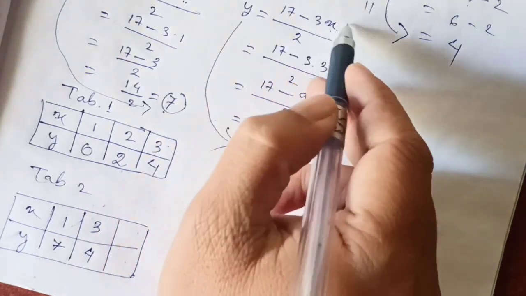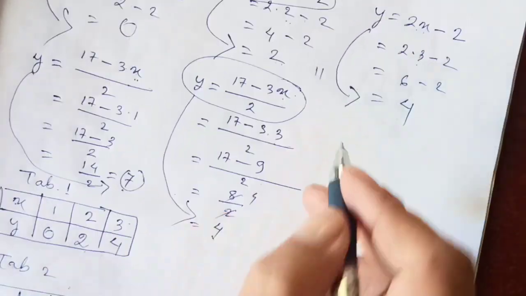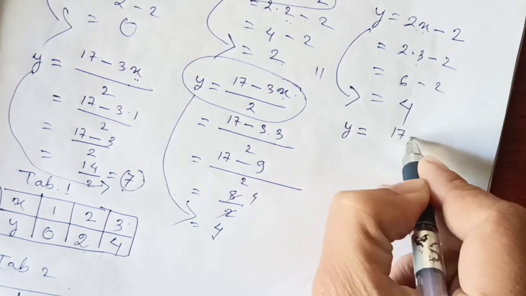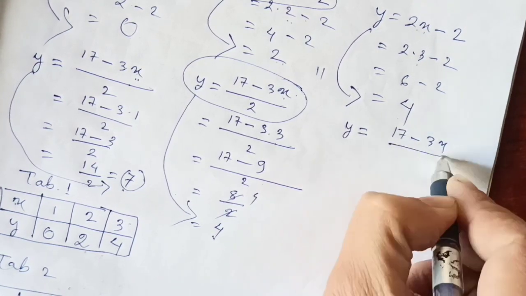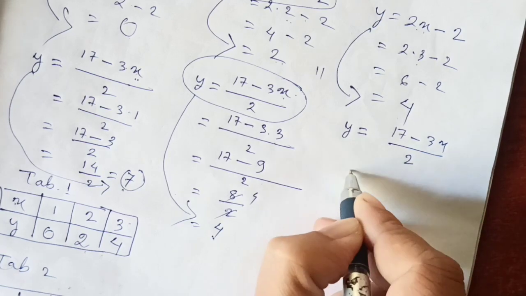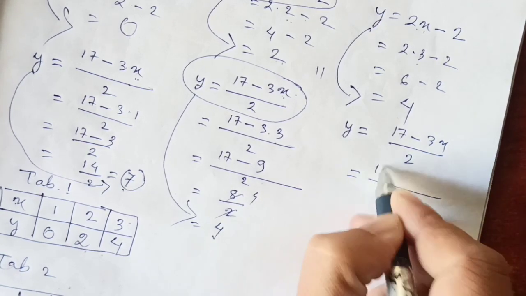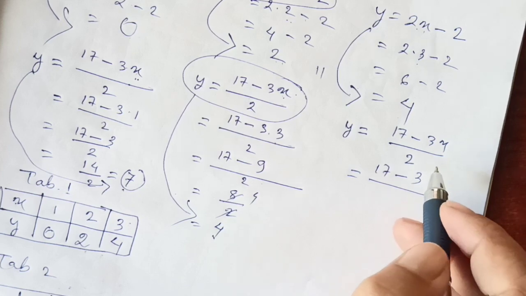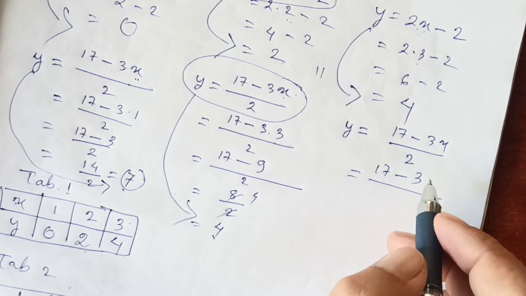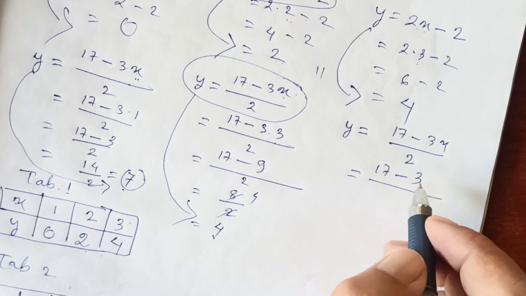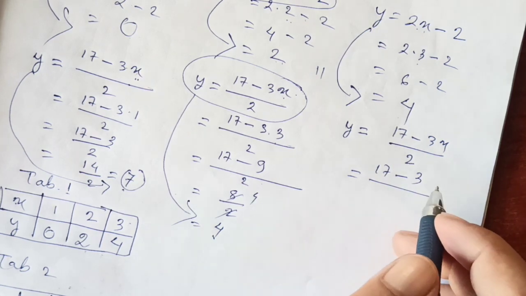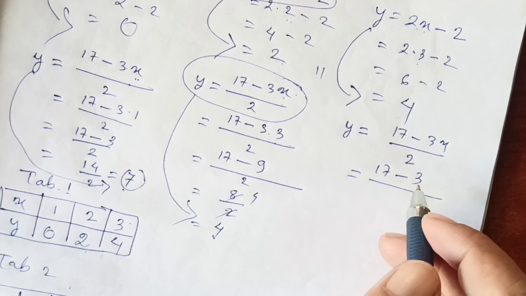Now we are left with only one value. Then we are going to use the same equation still. y equal to 17 minus 3x by 2. Now what number should we take for this x, so that after we subtract from 17, we still get an even number?